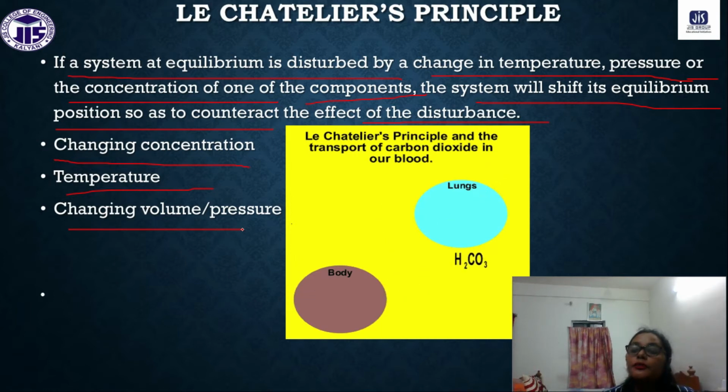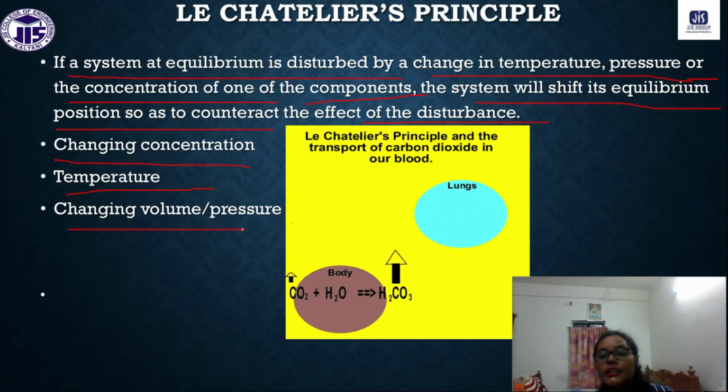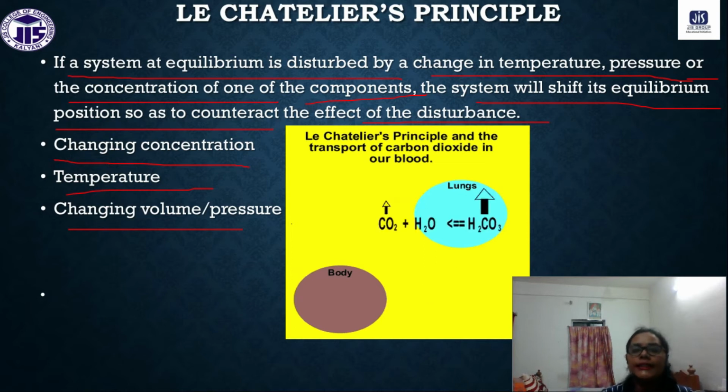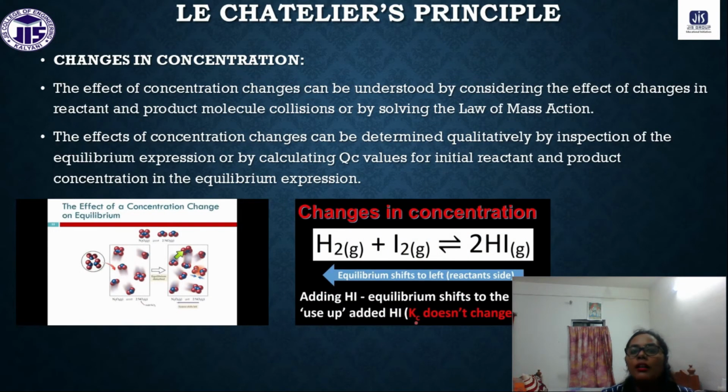This change will be minimized in the reaction medium, so that the minimization of those changes will take place. Okay, so this is called the Le Chatelier principle. Now the changes in concentration.